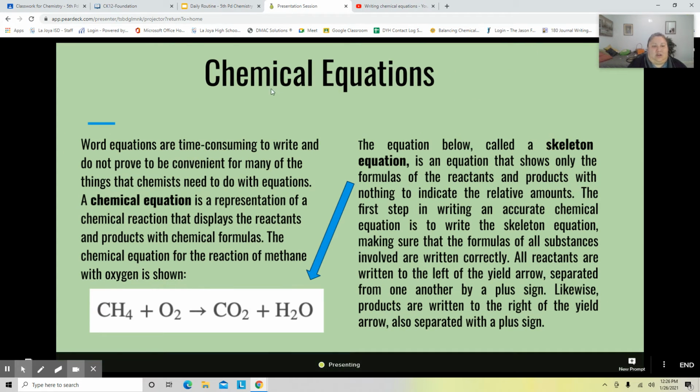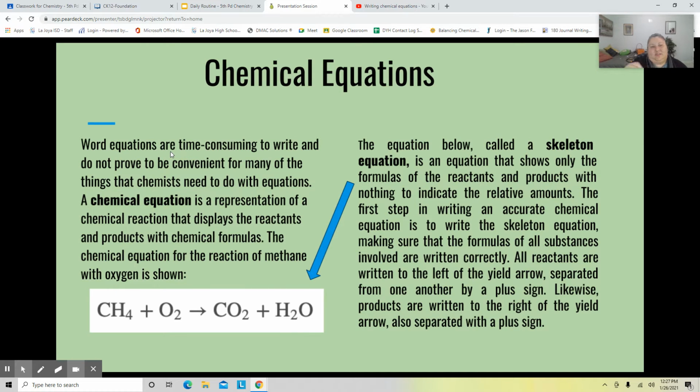All right, so chemical equations. We started talking about this topic yesterday. We started talking about word equations, and we said that word equations are time consuming to write. You have to write every single thing. You need to write what state it's in, how it's reacting, if you added heat, and all of that stuff.